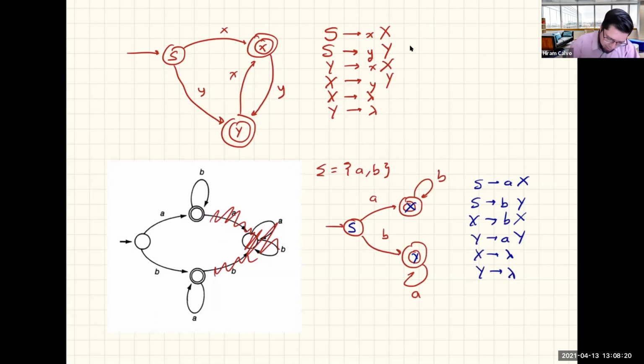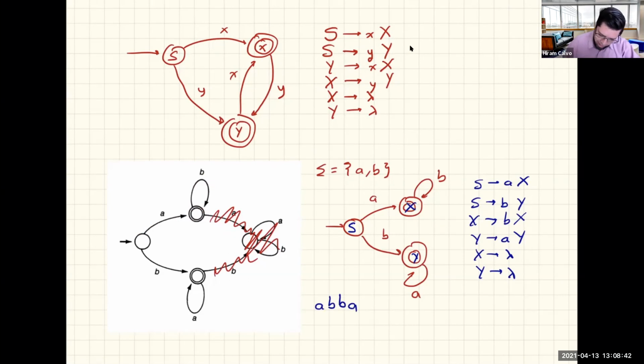Then let's try to see what happens. Suppose that we have an invalid string, like for example A, B, B, A. This should not be accepted, right? Because we have A, B, B, and then A. The same here: A, B, B, and then we know it goes to the pit. What happens with this grammar?